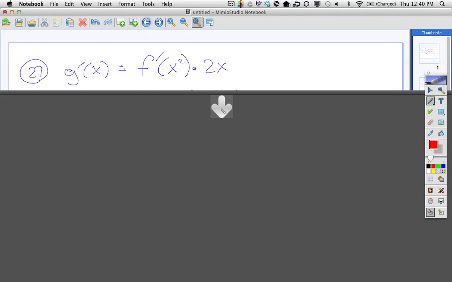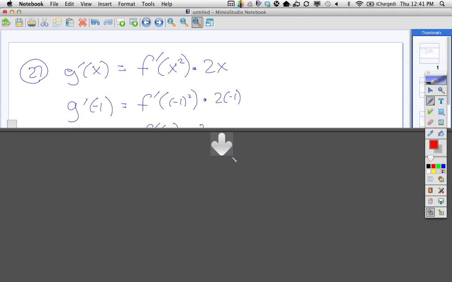same problem, same g, so same g prime. And what did they ask there? Is g increasing at -1, which is really asking, is g prime positive at -1? So we really need to find g prime of -1.